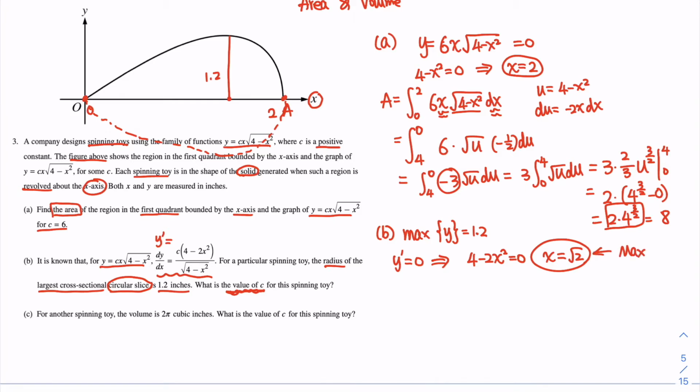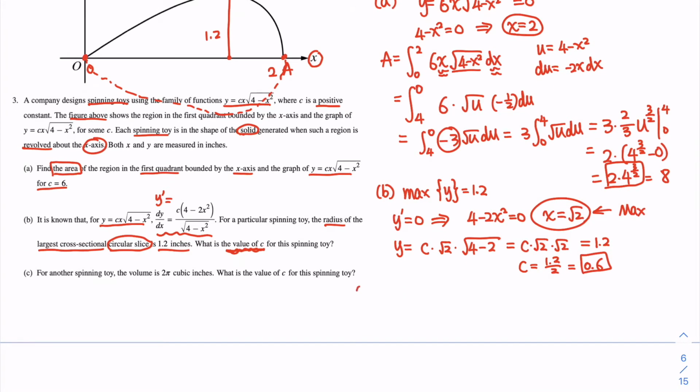We plug x equals square root of 2 into function y: C times square root of 2 times 4 minus 2, plus c times square root of 2 times square root of 2. This should be the maximum value, 1.2. So c equals 1.2 over 2, which equals 0.6.